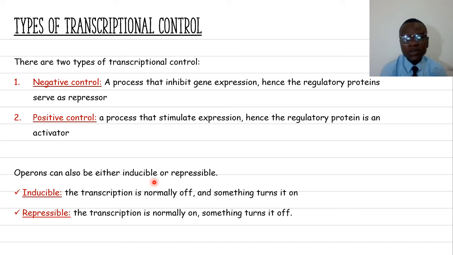An inducible operon is an operon that is normally off and sometimes it is turned on, whereas a repressible operon is an operon that is normally on, but whenever we have the presence of a regulatory protein or a factor, that particular transcriptional process goes off. So that's as simple as it is. With that now, let's move on.